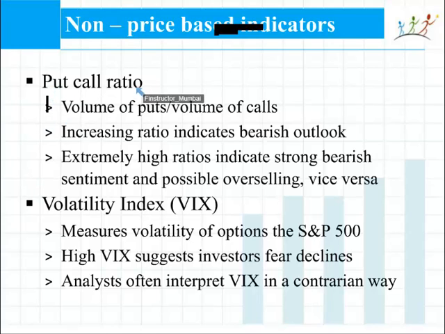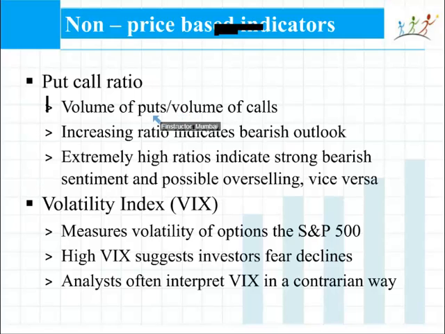So the put-call ratio can be computed as the volume of outstanding puts divided by the volume of calls. People will buy put options when they are scared that the market will fall, and people will buy call options when they feel that the market will go up.